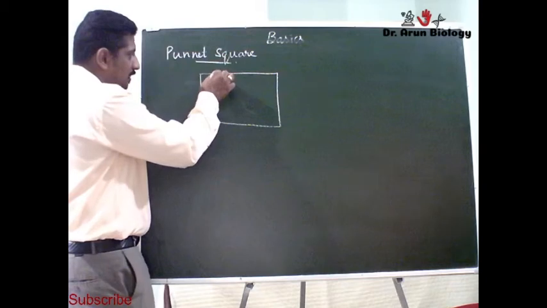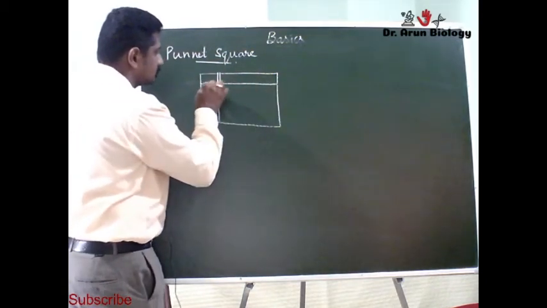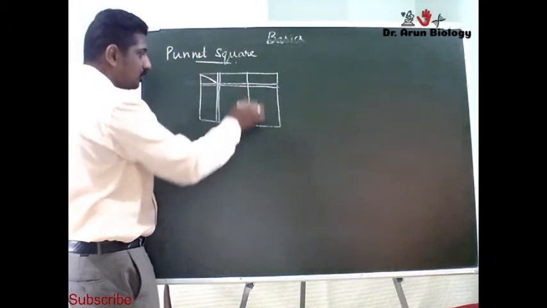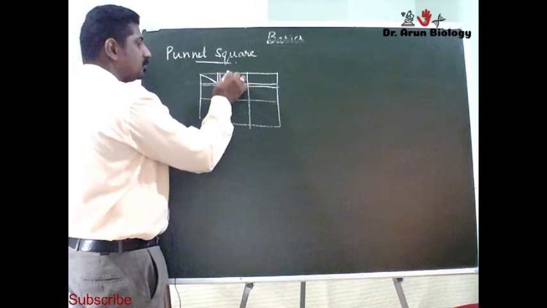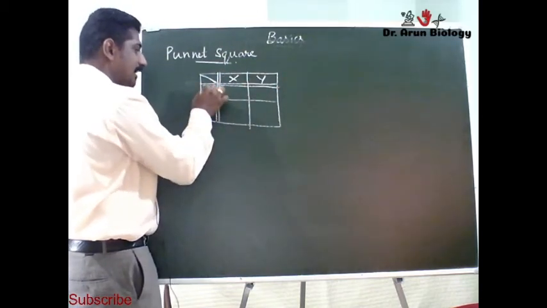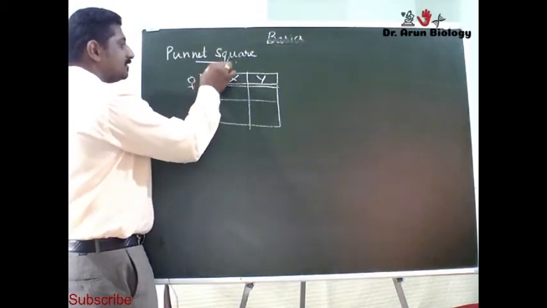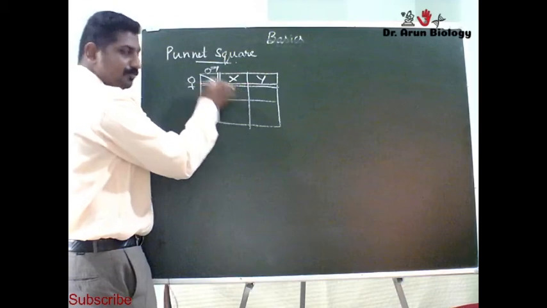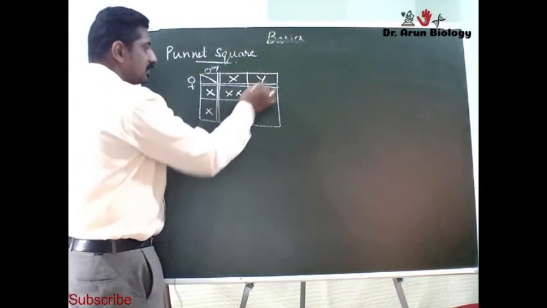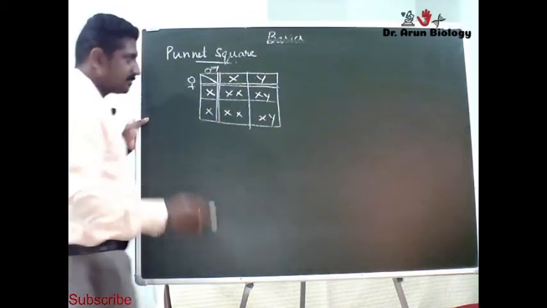You have to draw a square with a double line, differentiate between male and female, and put the gametes, for example X, Y and X, X. Here I have taken the female gametes, here the male gametes. Crossing these two, the probability of the zygotes are XX, XY, XX, XY, a 50-50% chance.